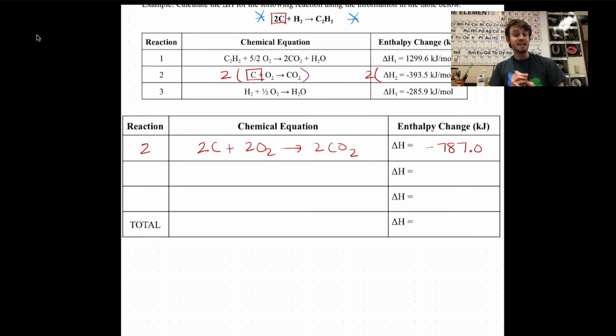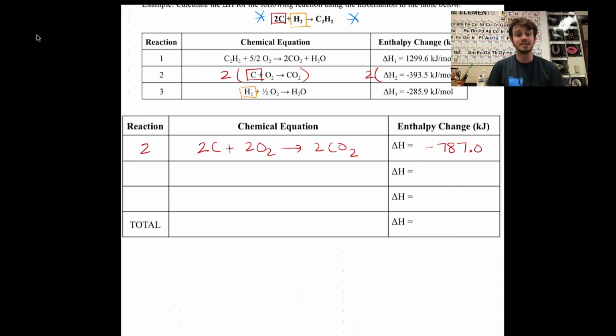Okay, second thing I see is H2, my other reactant, and let me find it here. The only reaction that also has H2 is reaction 3. First question I ask myself is, is it on the correct side of the reaction arrow? And it is.